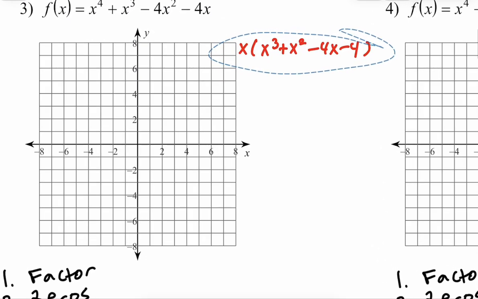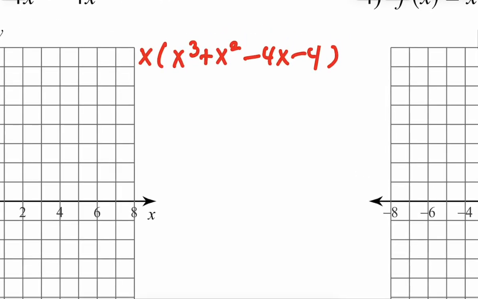Okay. Now, there's a technique in algebra. If you see 4 terms, they're going in descending order, and there seems to be a pattern with your coefficients. So this one went 1, 1, -4, -4. It's probably going to factor using what's called grouping.